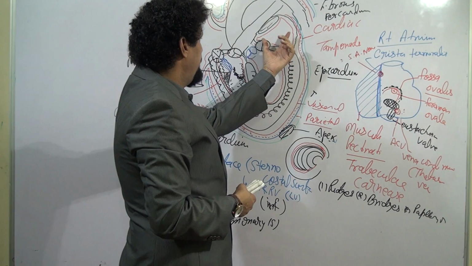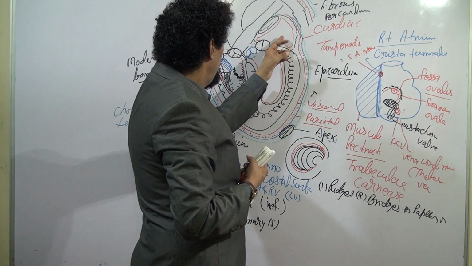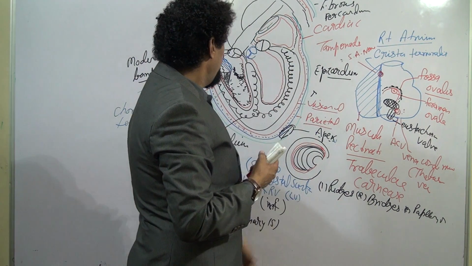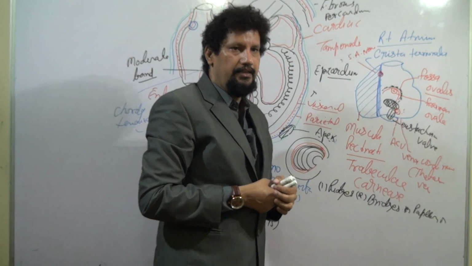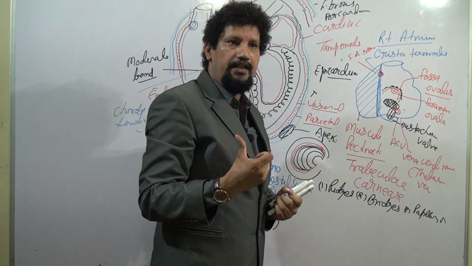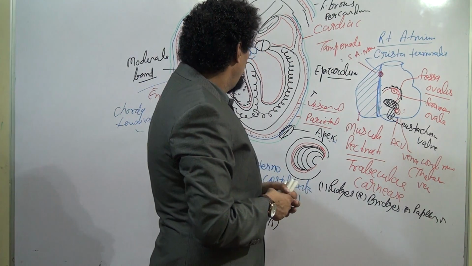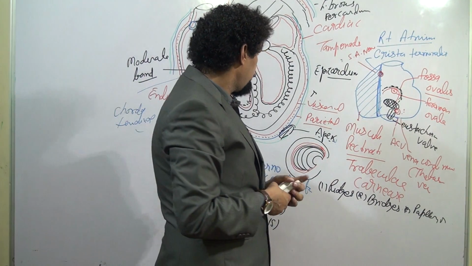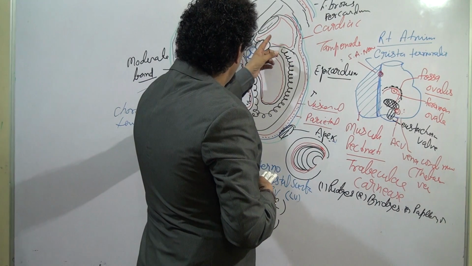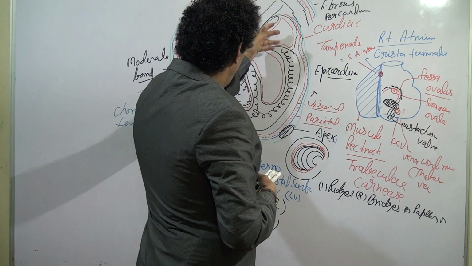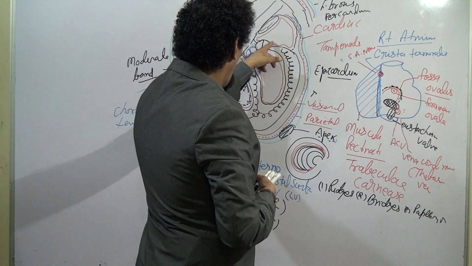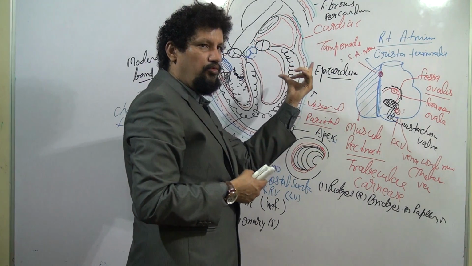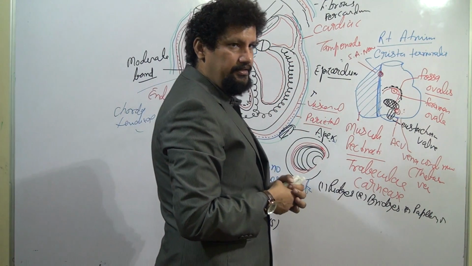This chamber is the left atrium, and this is the appendage of the left atrium, known as the left auricle. This is receiving the pure or oxygenated blood from the lungs by 4 pulmonary veins, and this is emptying the blood through the bicuspid or the mitral valve into the left ventricle.